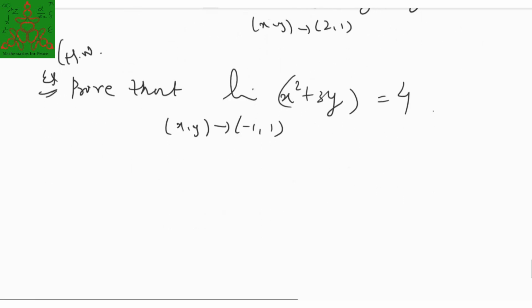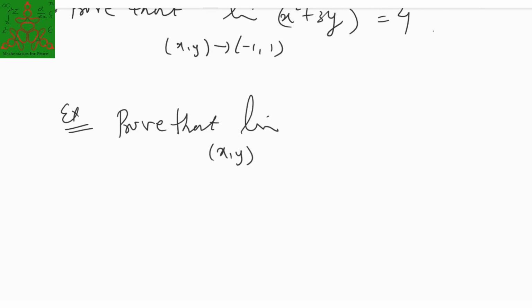Now let's have another example with a rational polynomial. Prove that the limit as xy tends to 1, 1 of 2x square plus y square upon 4y plus x is equal to 3 by 5.